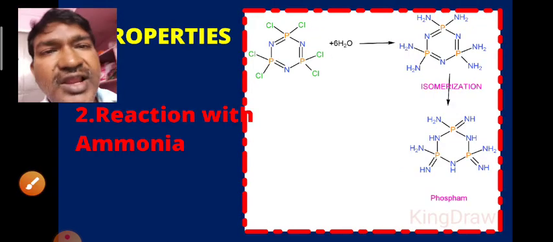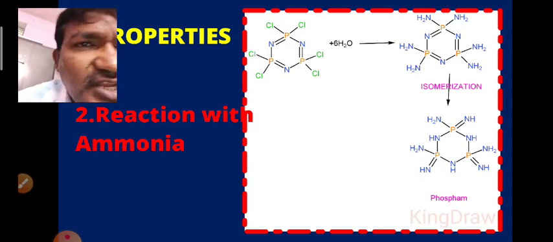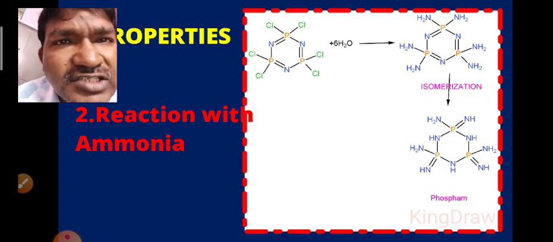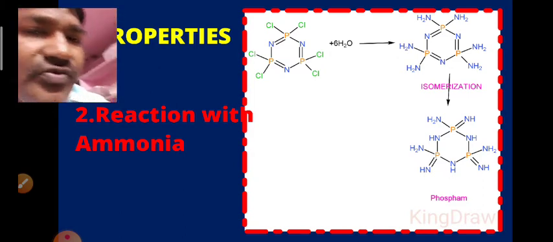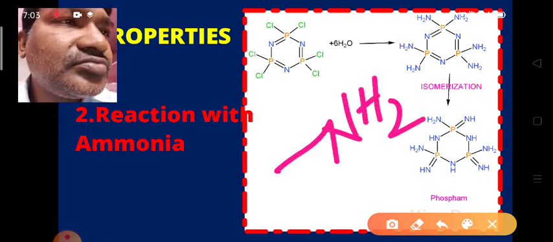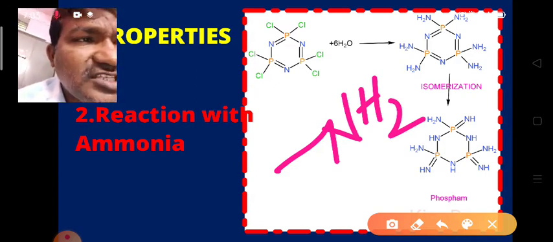Now we go for the reaction with ammonia. When this phosphonitrilic chloride tetramer is treated with ammonia, chlorines are substituted with amine NH2 groups. So in the place of 6 chlorine atoms, 6 amines are substituted.